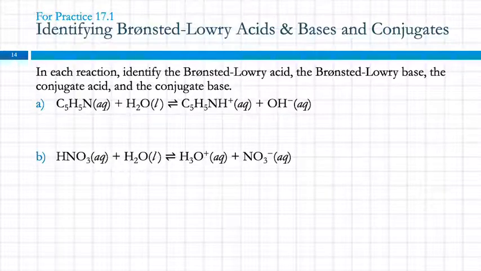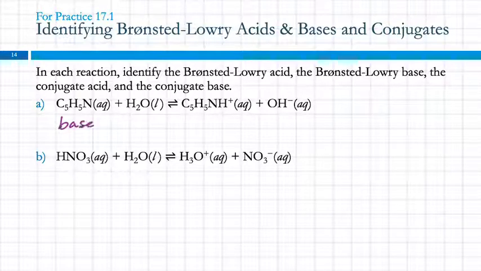So if we look at this reaction, we're going to see that this is C5H5N, and over here, this one's very similar, right? How is this one different than the reactant? It has a proton on it. So this guy over here accepted a proton from the water. Is it an acid or a base? It's a base.